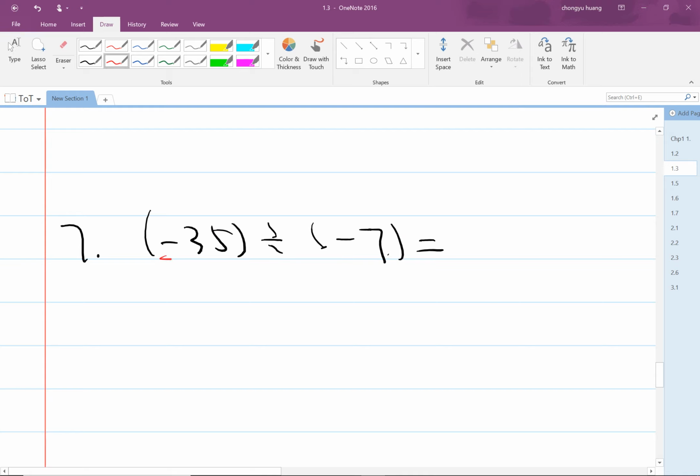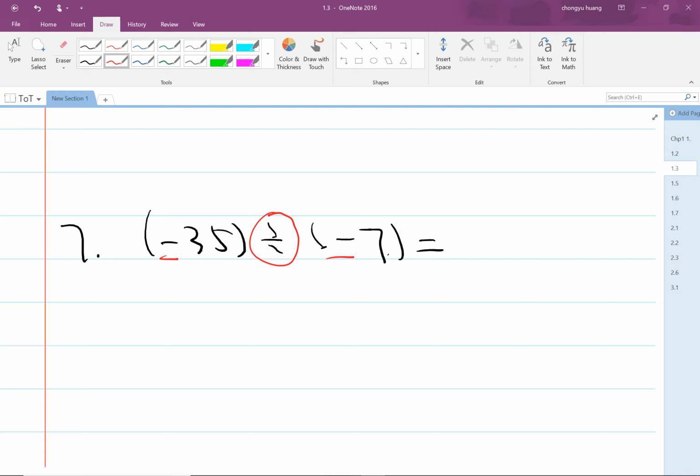So here you got negative and then negative, and then you have a division here, right? Right at the beginning, even with a division, there are two negative numbers.